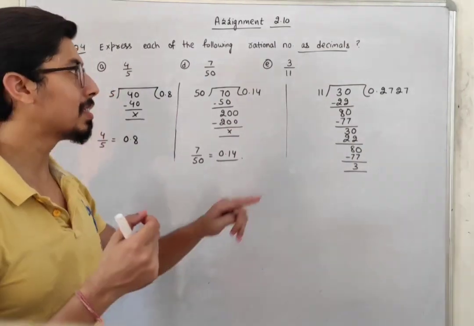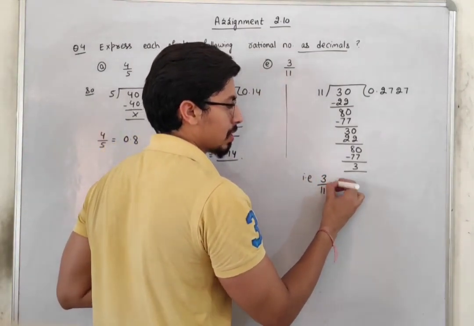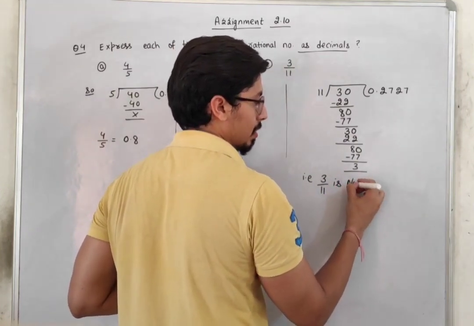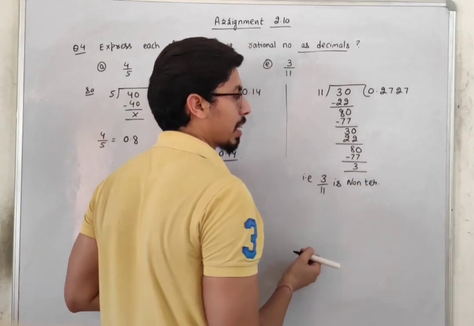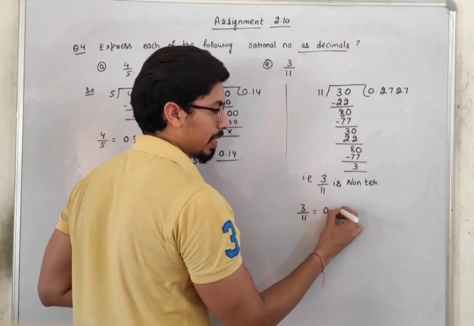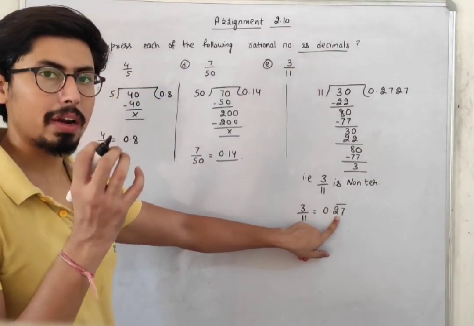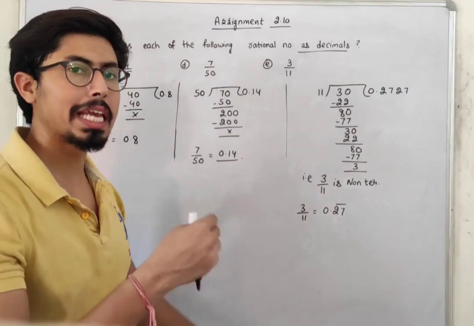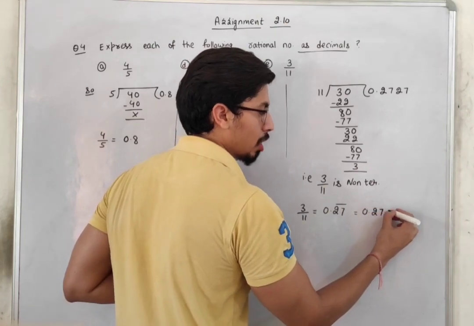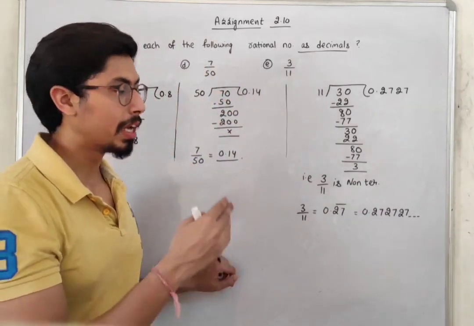That means 3 by 11 is a non-terminating number. So I can represent 3 by 11 as 0.27 bar, because if I place a bar over 27, that means this 27 keeps on repeating itself. This means it will be 0.27, 27, 27 and so on.